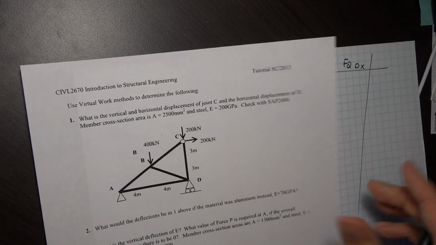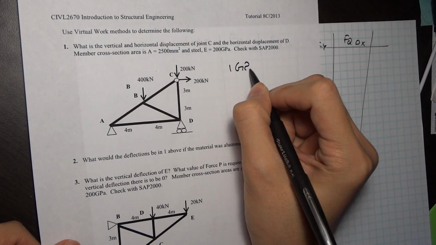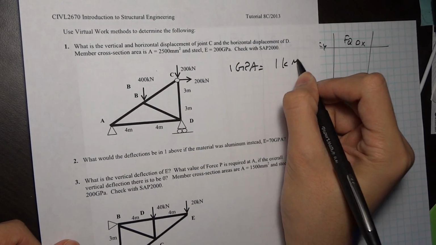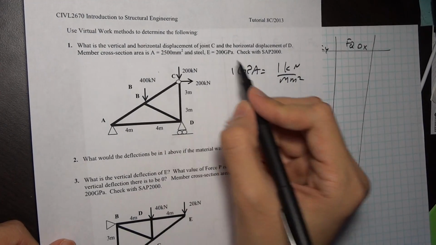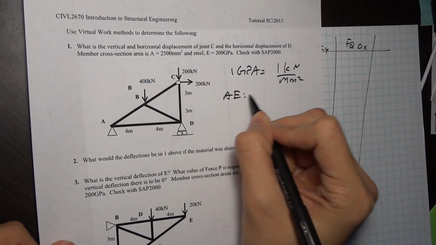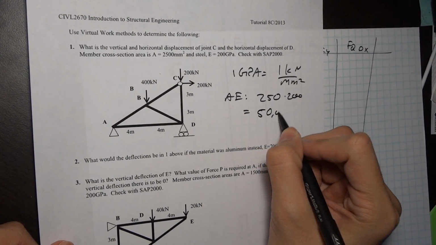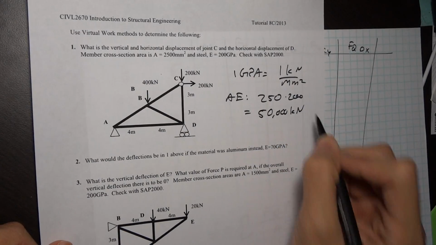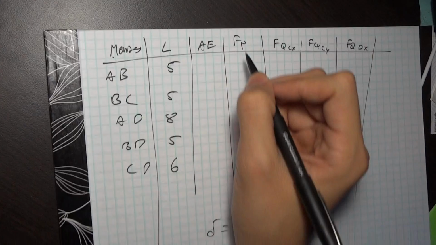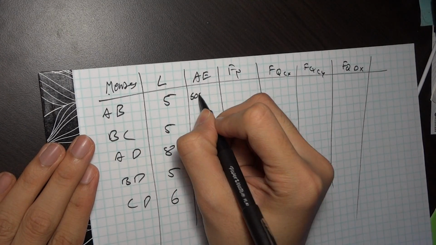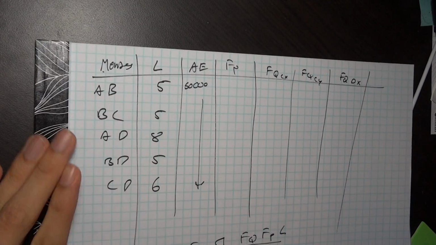If you work with E in gigapascals, 1 gigapascal is the same as 1 kilonewton per millimeter squared, so there's no need to change the units. AE is just 250 times 200, which equals 50,000 kilonewtons. I can just keep it at 50,000, and I just put an arrow going all the way down to indicate that that is all of them.